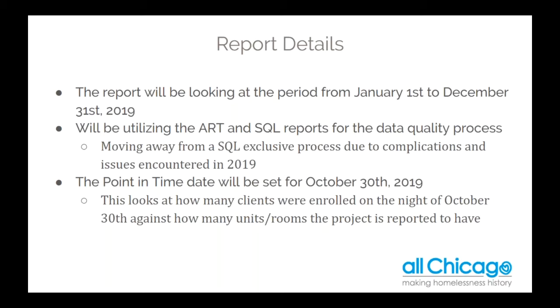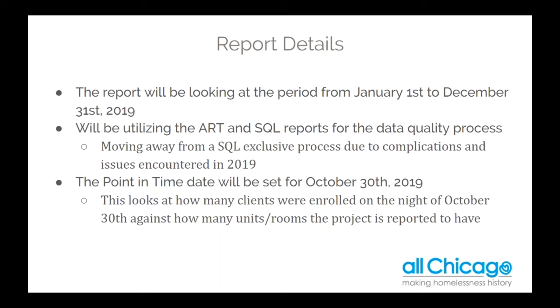It actually isn't. This point in time date is really looking at how many clients had an entry without an exit as of October 30th, 2019, and then we compare that against how many beds and units you have.